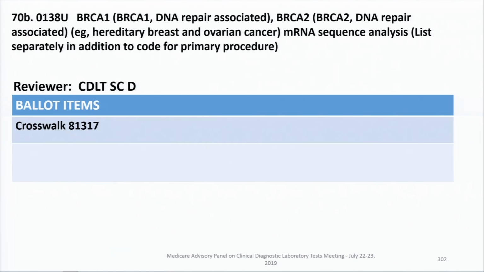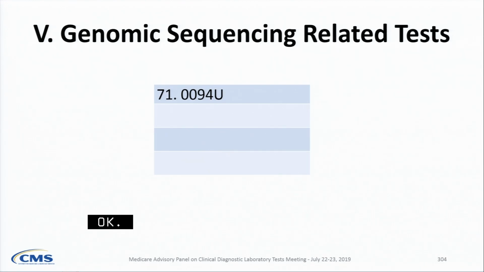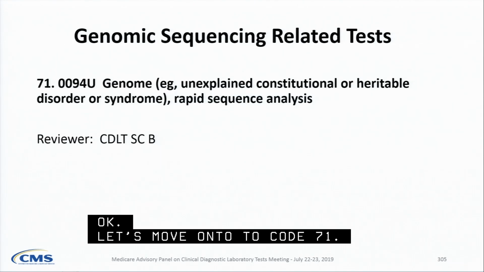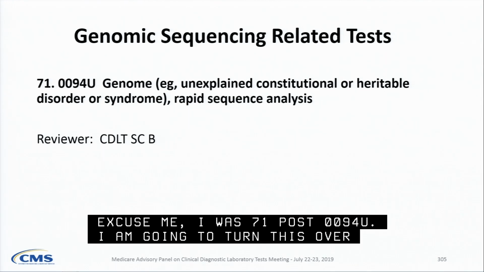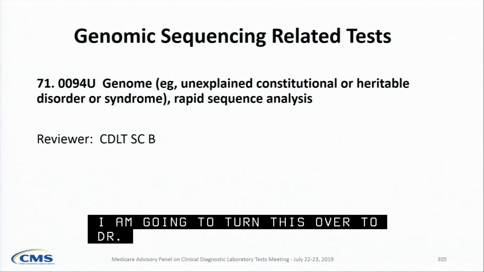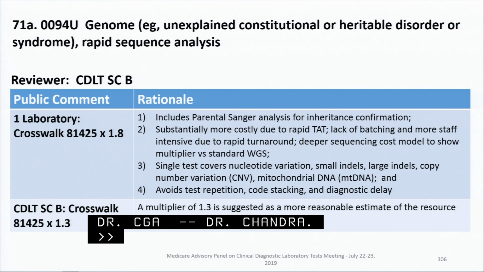Okay, so let's move on to item 71, code 0094U. And I'm going to turn this over to Dr. Chandra with Subcommittee B, and this is a genome rapid sequence analysis related code. Thank you, Karen. We did discuss this code.